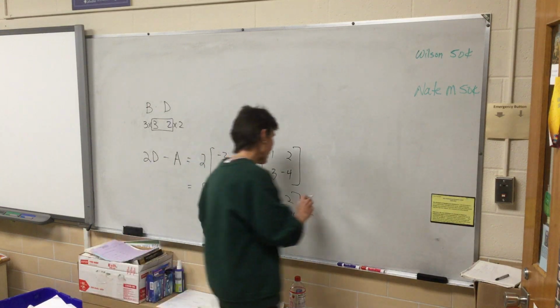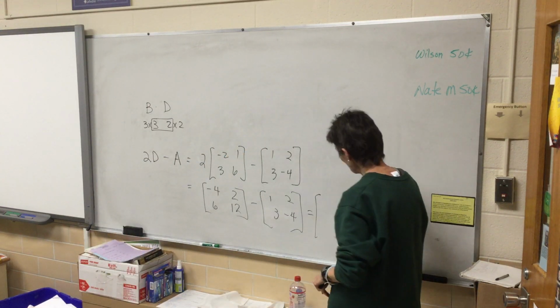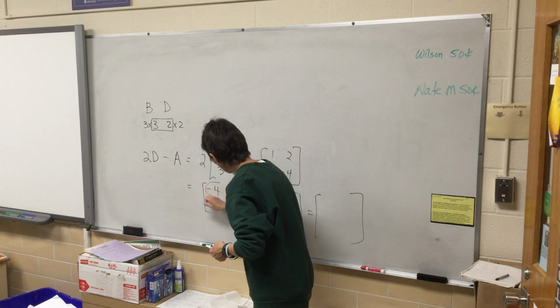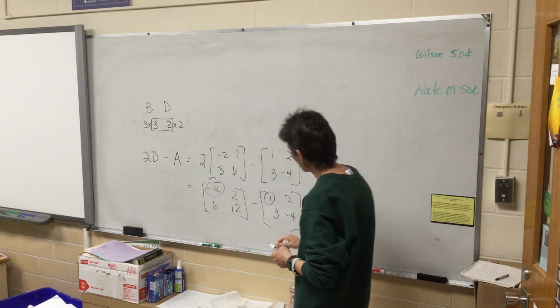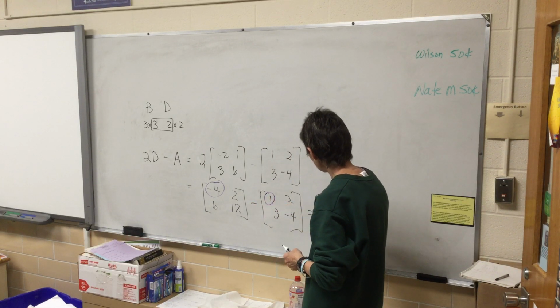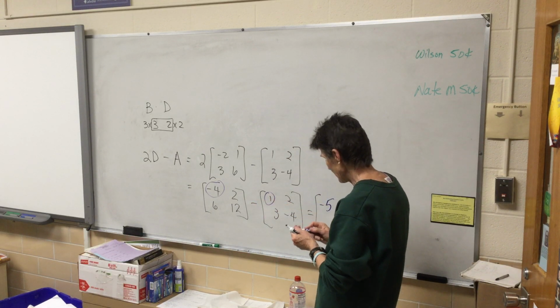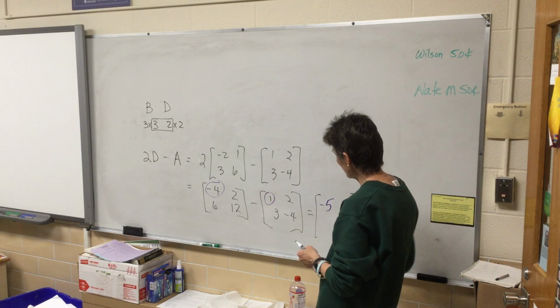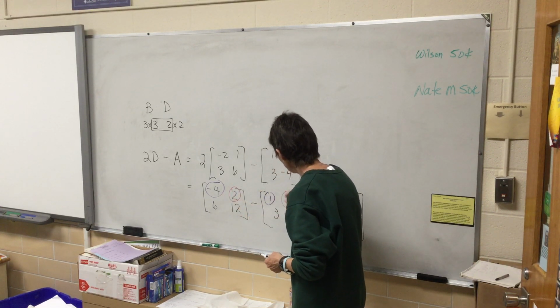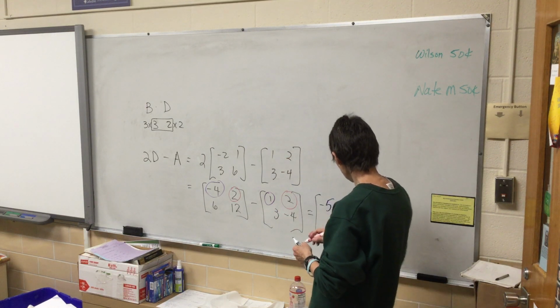Now when I subtract, I do it by corresponding entries. So these two numbers are going to be subtracted. So -4 minus 1, that's going to be a -5. Then I'll do 2 minus 2, so that'll be a 0.